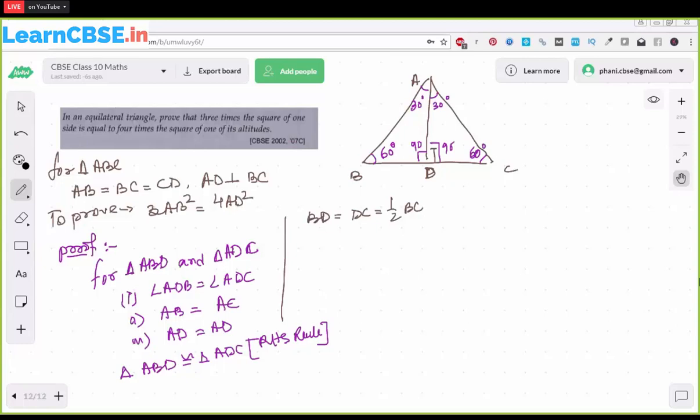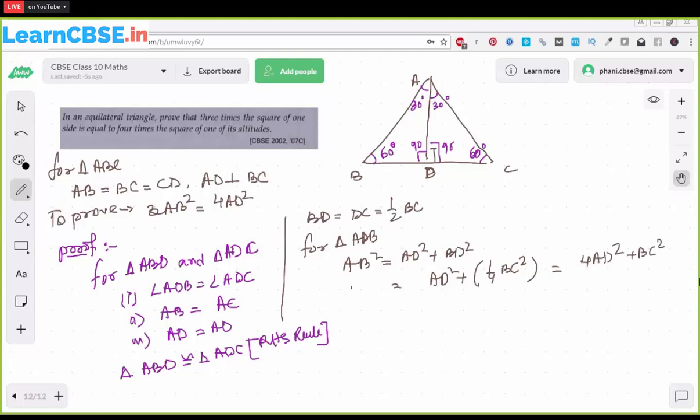Now for the right triangle ADB, we can write AB square equals AD square plus BD square. So we can write AD square plus, BD can be written as 1/4 BC square because BD is half of BC. So 1/4 BC square. So it gives you AB square equals AD square plus BC square by 4.